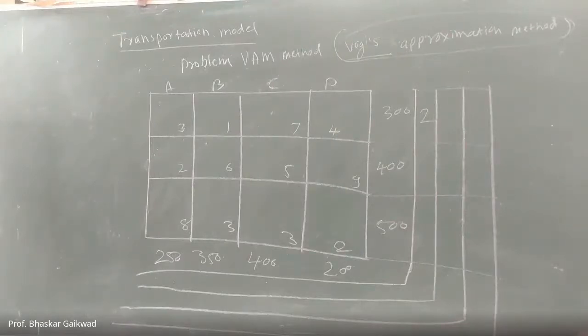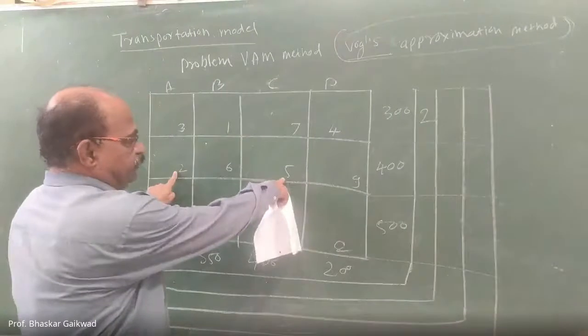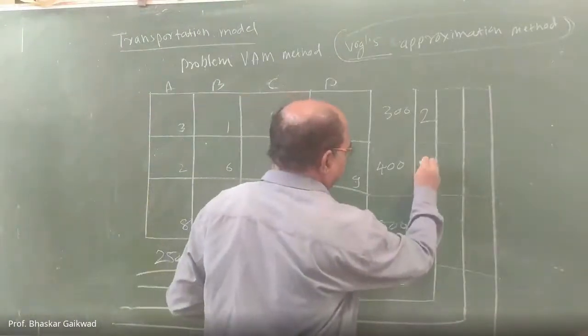After this, next row, what is the minimum value between the two different cells? 2 and 5 are the minimum values. So here the difference between 2 and 5 is 3.